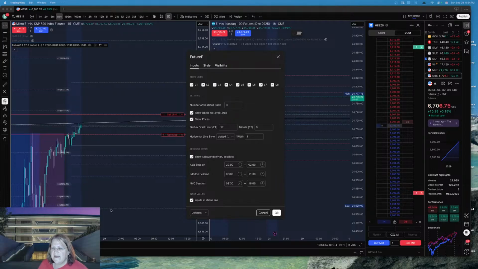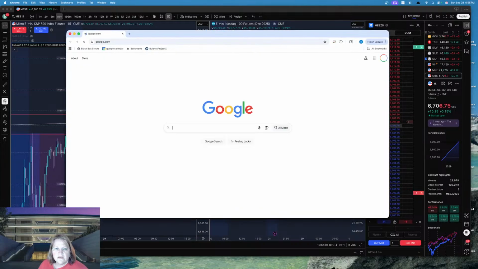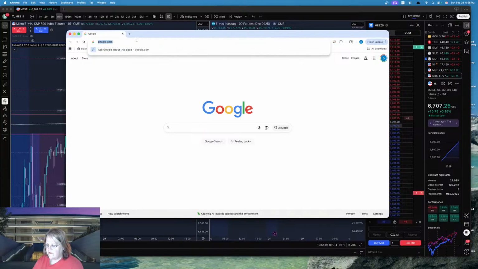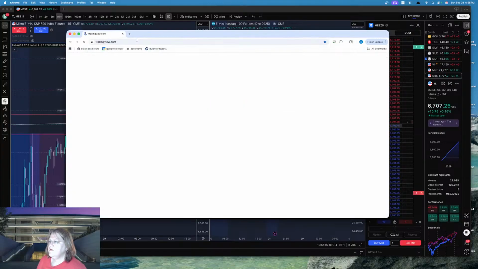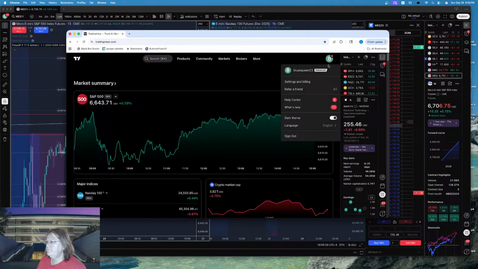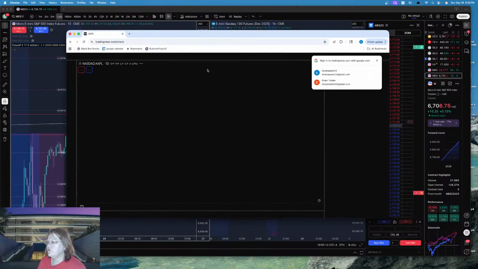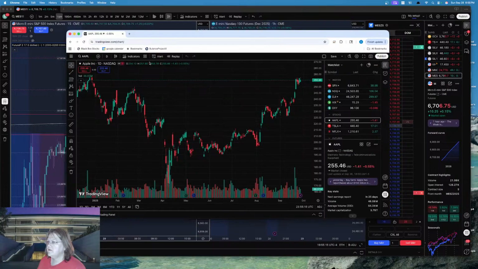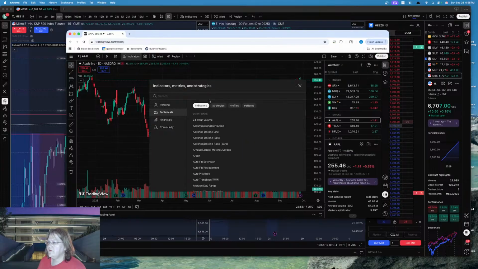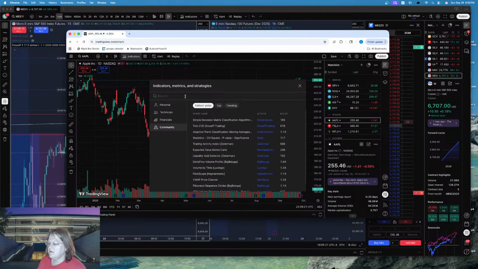I'm going to see if I can get an actual web address for the indicator. I'm not real sure how to do that, honestly. I may have to log out of TradingView and then see if I can find it that way. I'm not real sure if I can get you an actual indicator, let's see here, community.